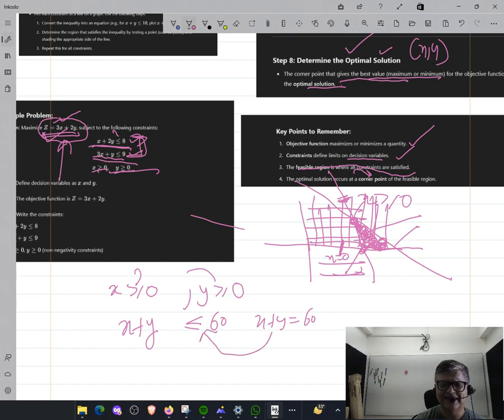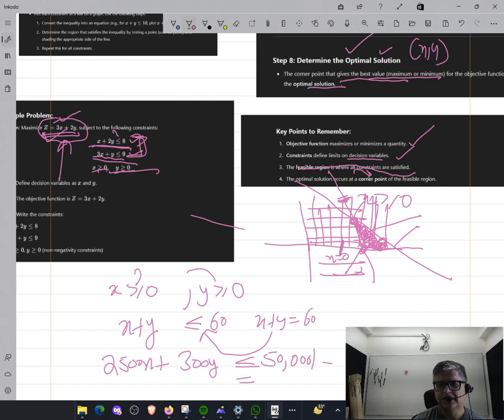It's a constraint. It should not exceed 60, right? And similarly, the money equation we made: 2,500x plus 300y, the total money available, is less than equal to 50,000, right? I had written equal to. So whatever is a constraint is generally less than.